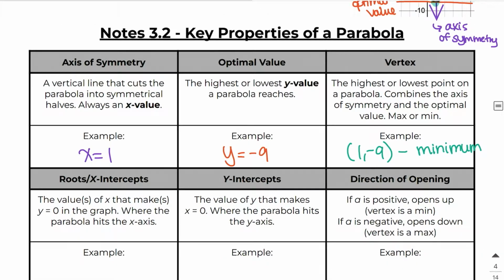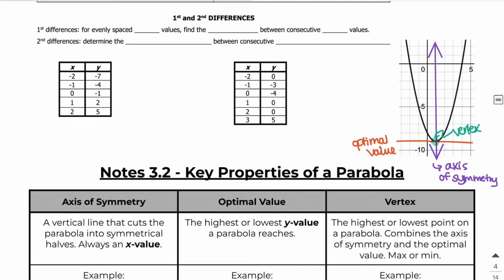The next key feature is something called the roots or the x-intercepts, okay? So the roots are the value or the values of x that make y equals 0 in the graph. So it's where the parabola hits the x-axis, because if you look right here, on the x-axis right here, this is where y would be 0.